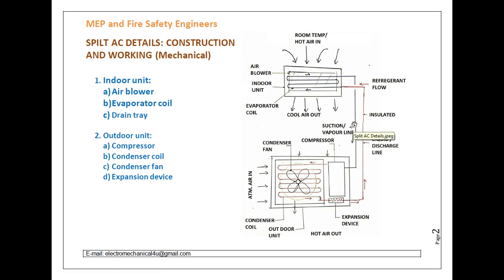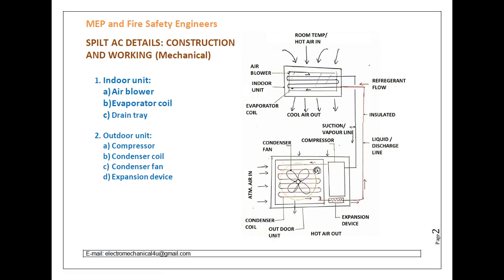Whatever refrigerant is coming from the indoor unit will be compressed to high pressure and high temperature by the compressor, and it goes through the condenser coil. The working of the condenser fan is that the atmospheric air is drawn in and blown onto the condenser coil.